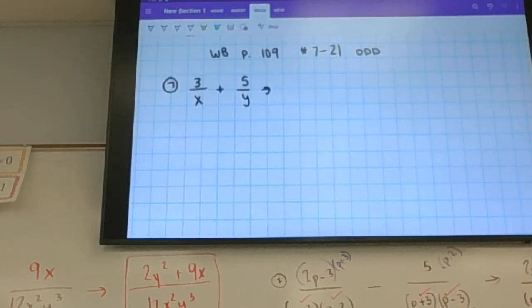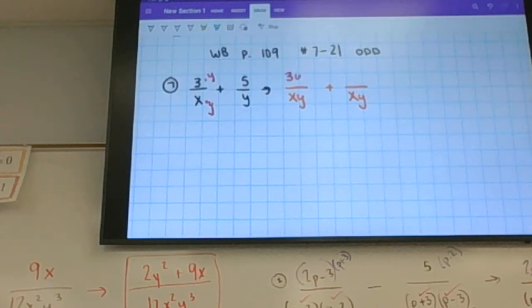Riley, what's our common denominator? I'm asking you, what are we gonna make for common denominator? X and Y right next to each other. Just like that. So, my first fraction doesn't have y in it, so I will make it have y in it.